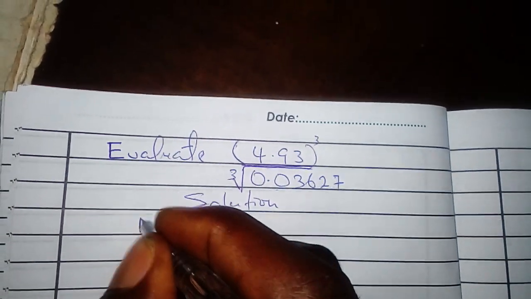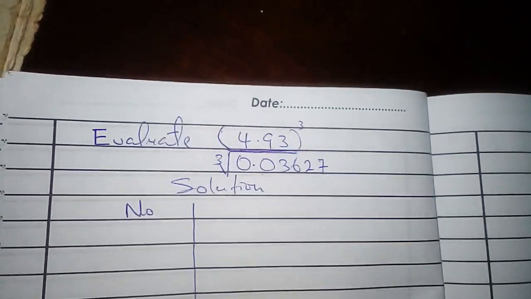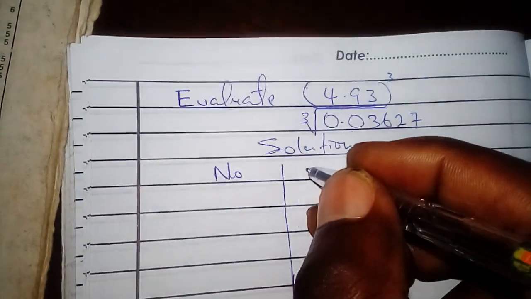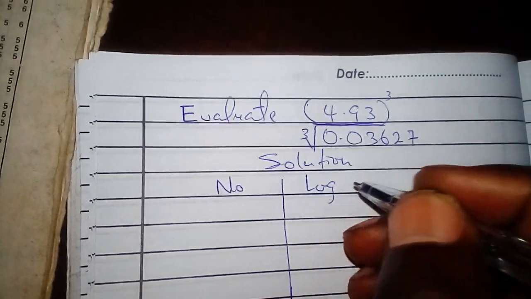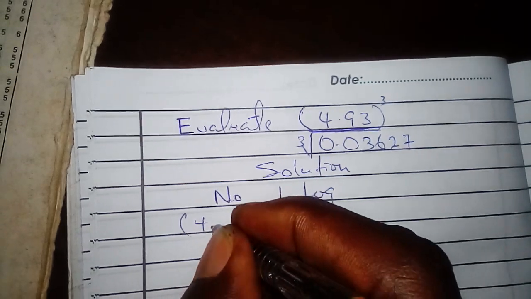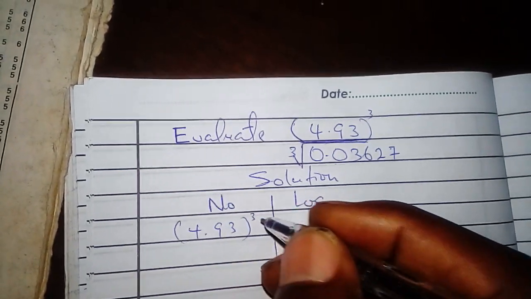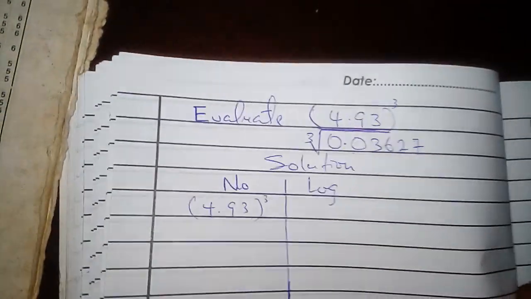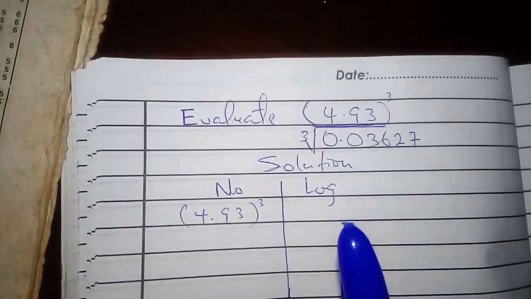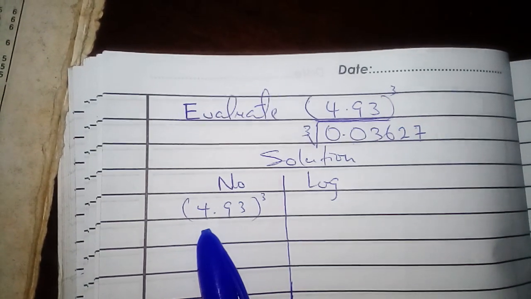So we have our table normally: first number, a straight line, and then the log. The first number is (4.93) raised to the power of 3. Here we have to look for the characteristic. The characteristic is 0.